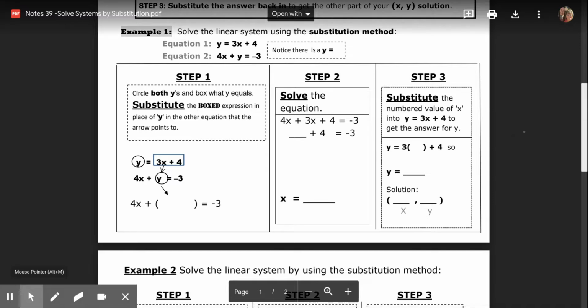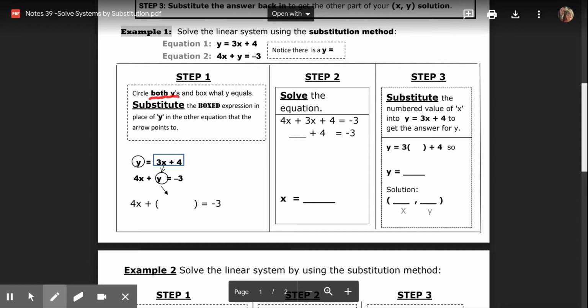So let's go ahead and take a look at example 1. So we have equation 1, y equals 3x plus 4, and equation 2, 4x plus y equals -3. So notice that one of the equations is isolated for y. So that's equation 1. So what we're going to do, it says circle both y's and box what y equals.